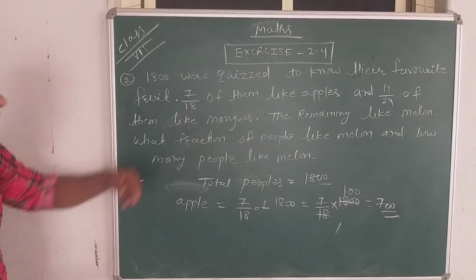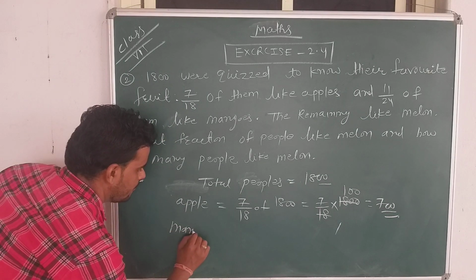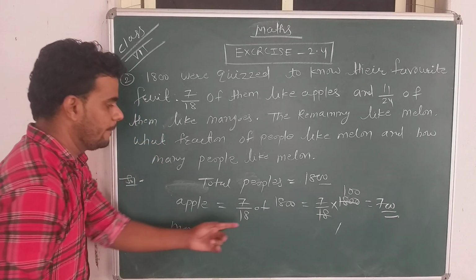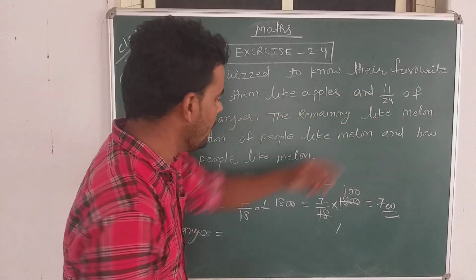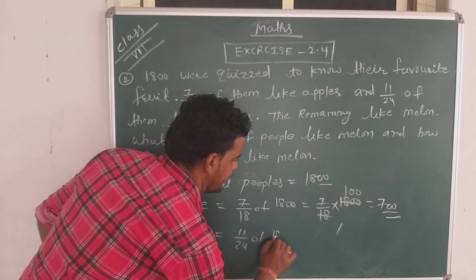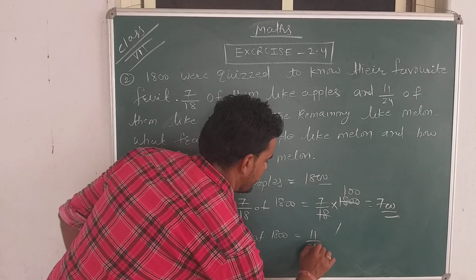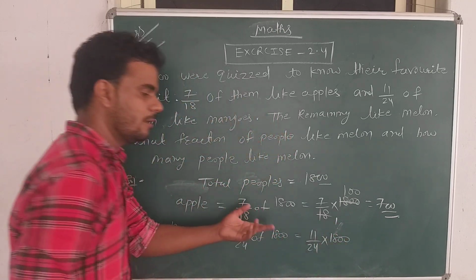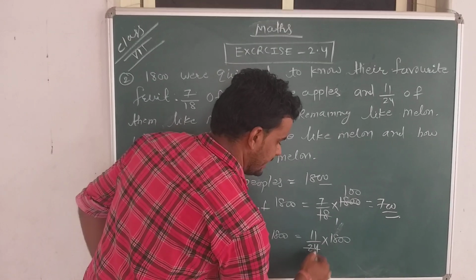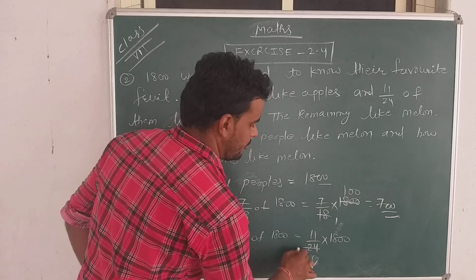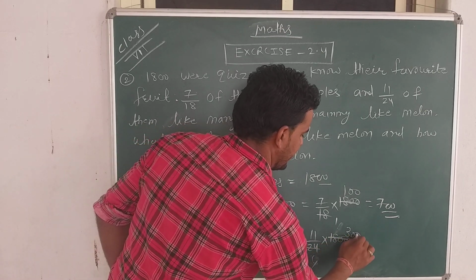Next, mango. How many people like mango? 11 by 24 of total 1,800, so 11 by 24 into 1,800. So you cut by the table of 3 or 6. 6 3 ja 6, 4 ja 24 and 6 3 ja 18.